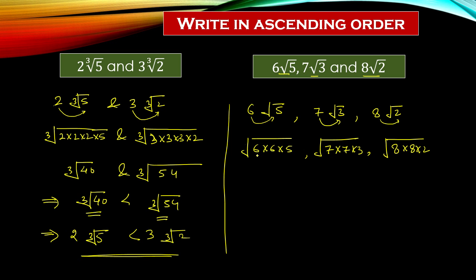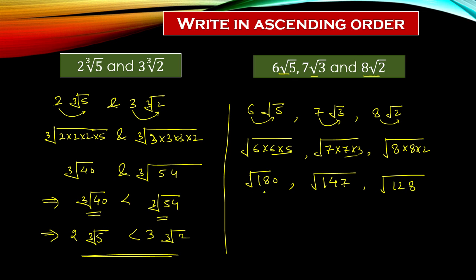So here we find 30 into 6, that is 180. This is the square root of 180. Now we can see 21 multiplied by 7, that is 147. And the final one is 64 into 2, that is 128.